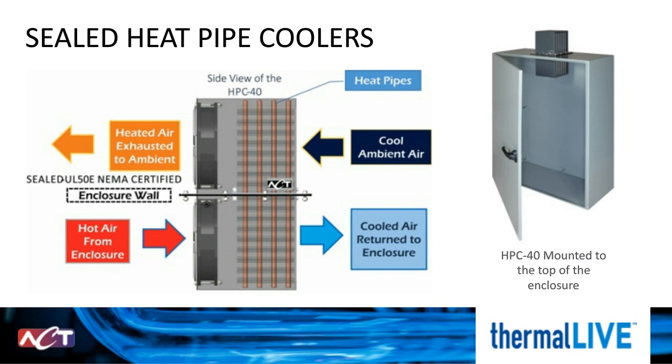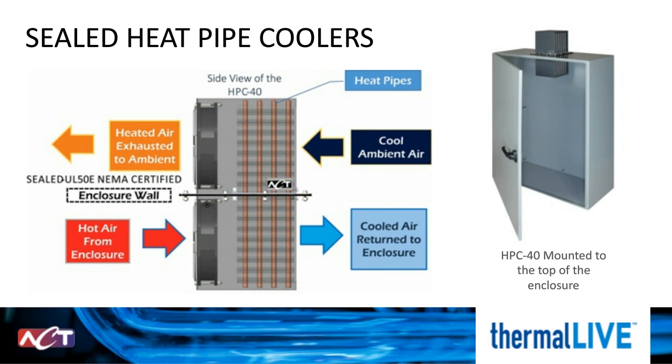Each enclosure cooler is rated to remove a certain number of watts per delta T. For example, the enclosure cooler shown on this slide, the HPC 40, will remove 40 watts for every degree C delta there is between the internal and external temperatures, given that the external is lower than the internal.